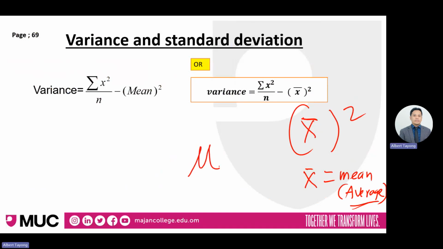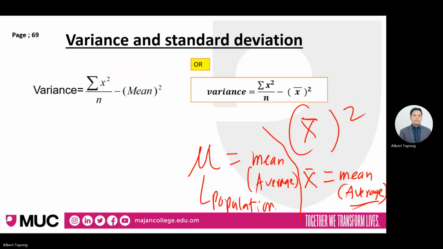In population, we use this symbol mu as our mean or average. But anyway, the calculation will not change. This is the population mean. And here we have the sample mean. A sample is usually used because we cannot include everything when we analyze our data.